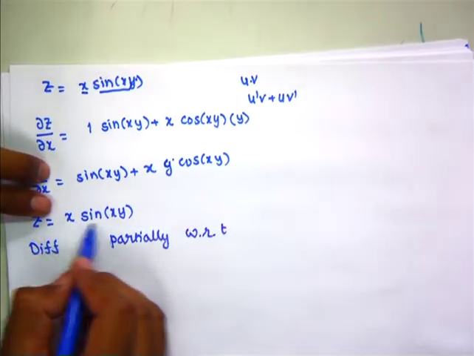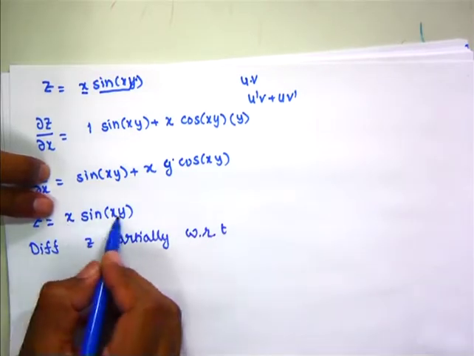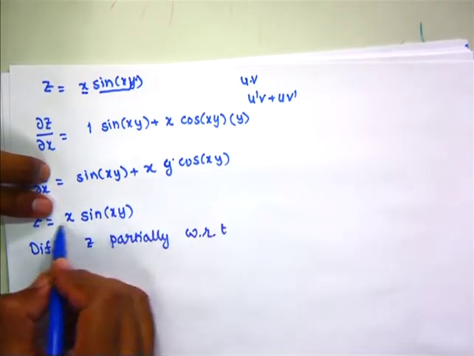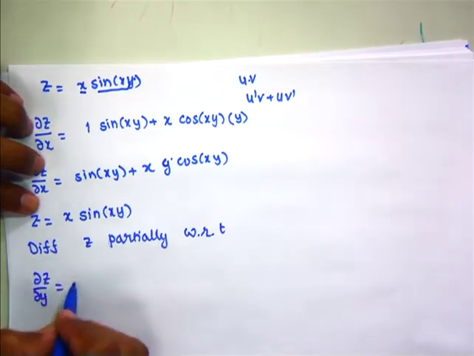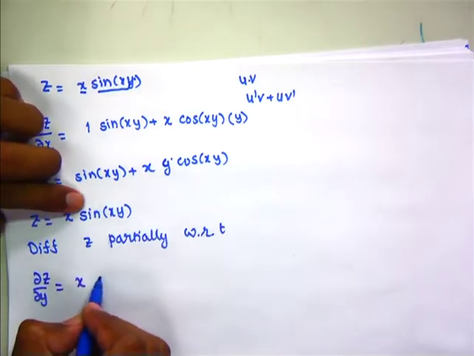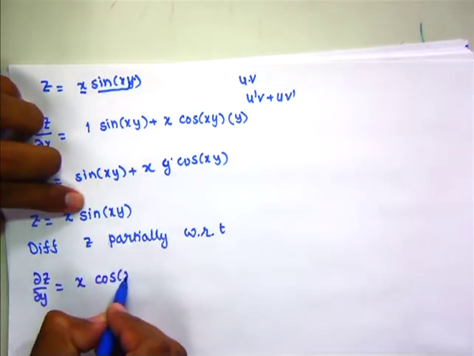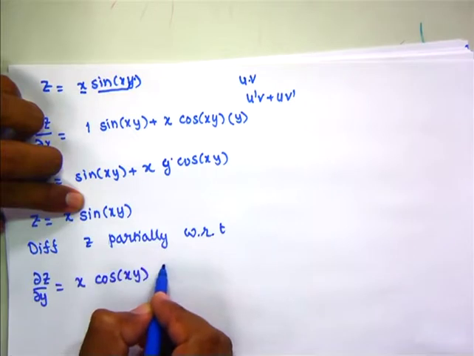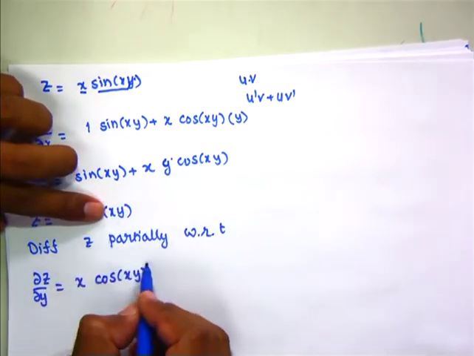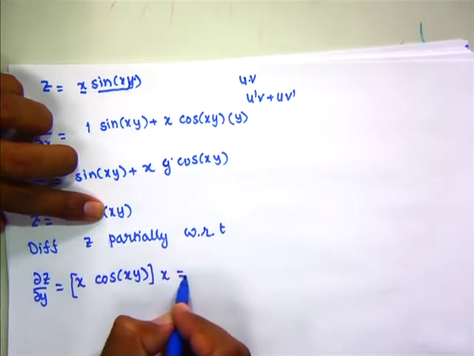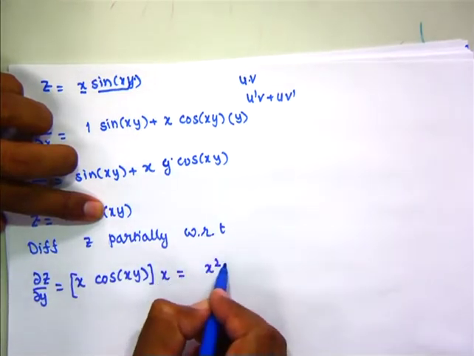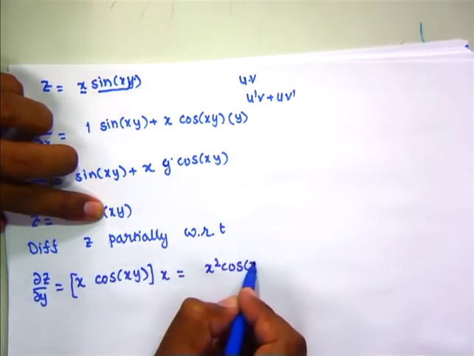So here we don't need to apply u into v rule because the y is at one place only. So del z by del y is equal to x, derivative of sine is cos xy, into derivative of y is 1 but x is constant, so multiplied by x. So our result is x square cos xy.